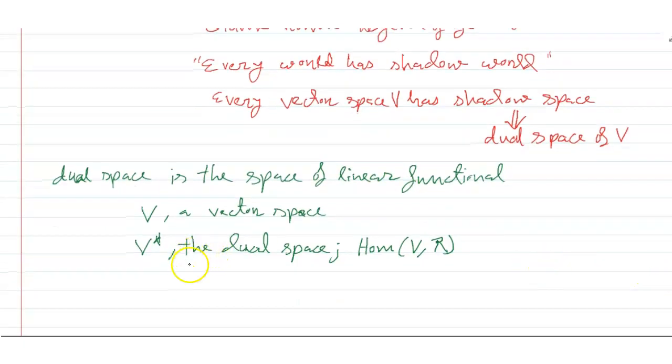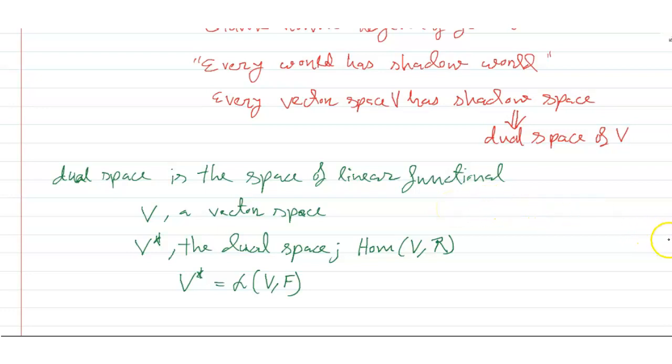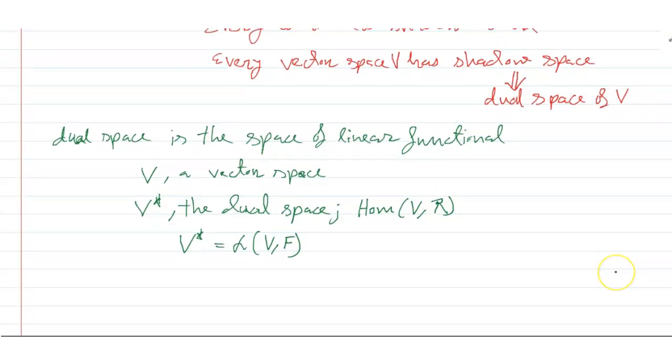V star can be written as L(V, F). It's just a linear map that starts at V and ends in R.